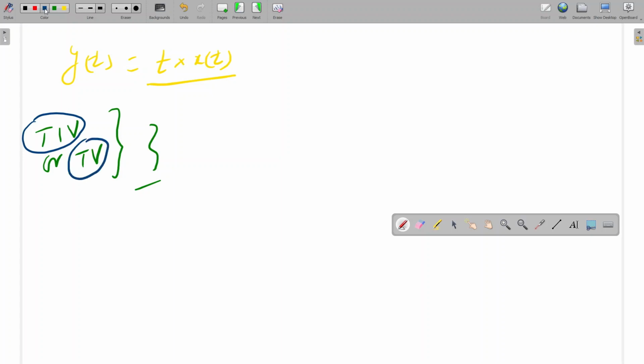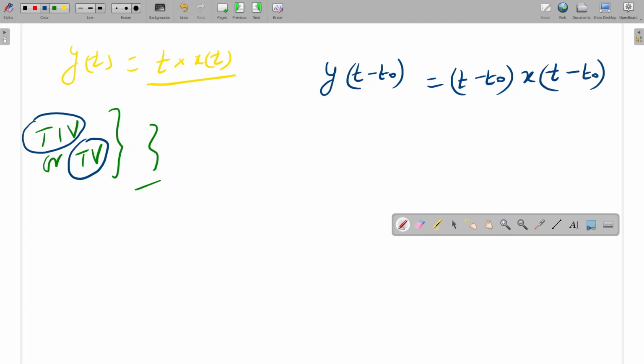So how can we approach? First I am doing y of t minus t naught. That will be (t minus t naught) into x of t minus t naught. And y1 of t, what will it be? For y1 of t, we are just shifting the x, then applying the same transformation.